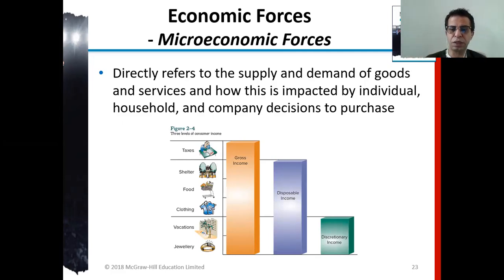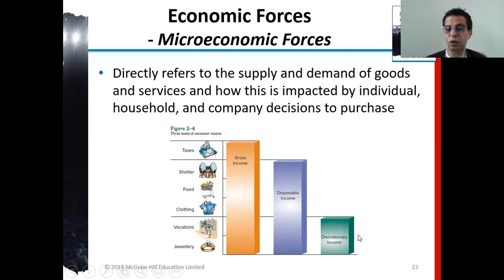If you notice here in the graph, that's the first part. What's remaining becomes disposable income. And from the disposable income after tax, usually you have to pay for shelter, housing, rent, or whatever. You need to pay for your food and clothing, and that comes out of your disposable income.